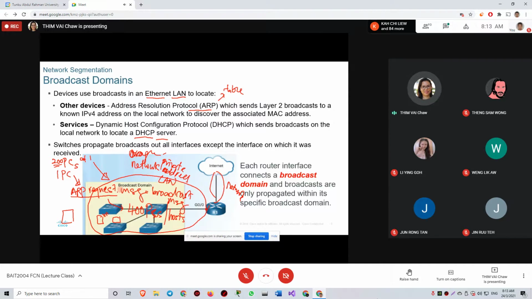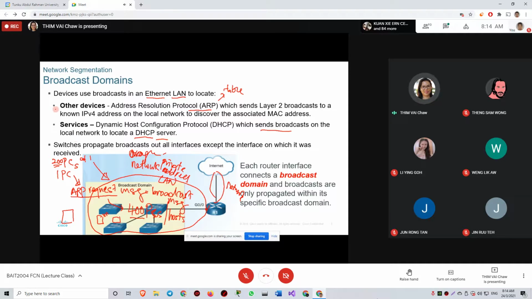The DHCP message they send out is also a broadcast message, to look for a DHCP server. It means that at that moment, the device wanting to get a dynamic IP address sends out a broadcast message, and this also needs to be processed by the 400 PCs in your network.